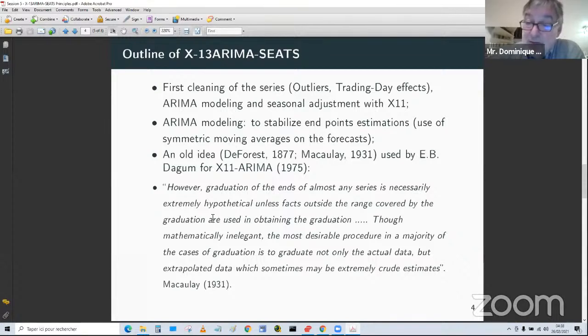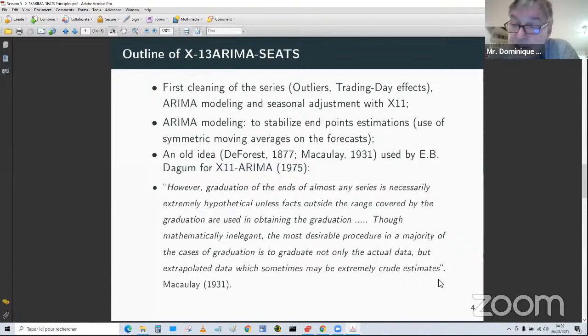You need to have elements to see how the series is going to react in the future. So for mathematically inelegant, this is funny, I will comment this. The most desirable procedure in a majority of the cases of smoothing, okay, graduation, is to smooth not only the actual data, but extrapolated data which sometimes may be extremely crude estimates.